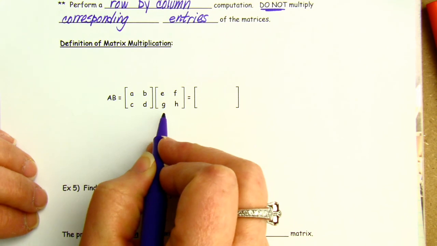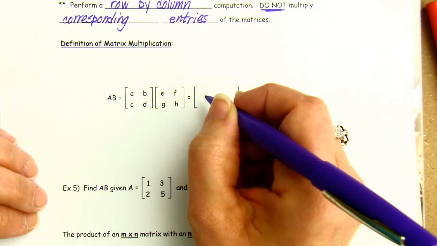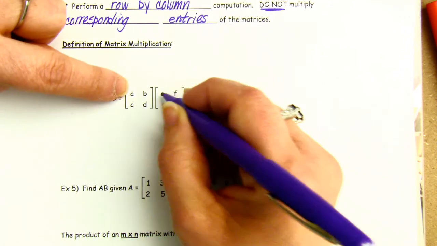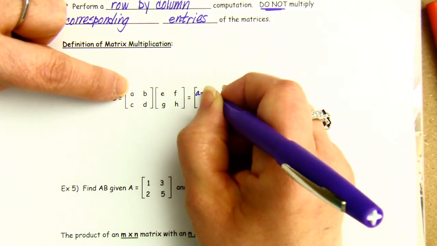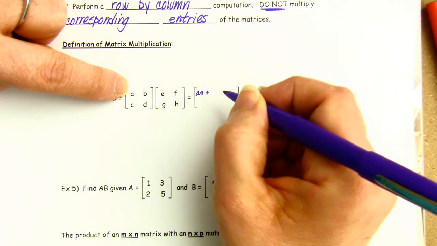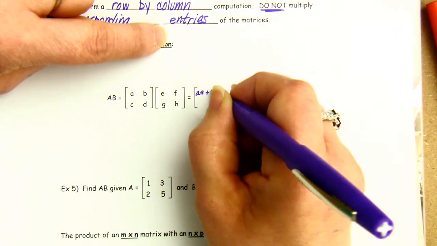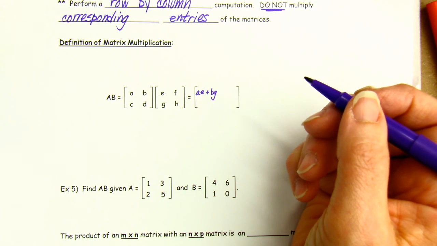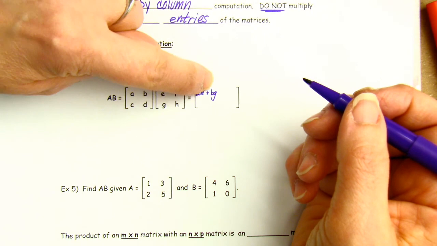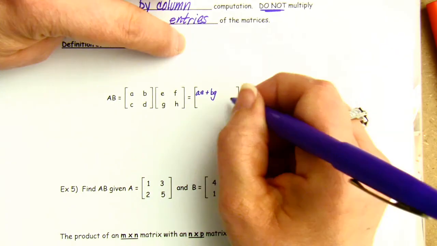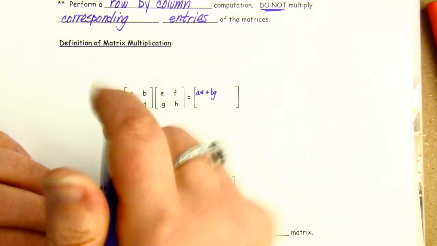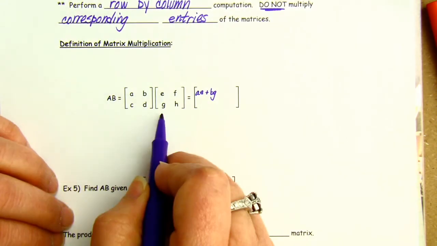So right here, I'm going to multiply A with E, and then you add, and then I'm going to add B with G. So it's A times E plus B times G, AE plus BG. This is first row, first column. So I multiply the first row with the first column.